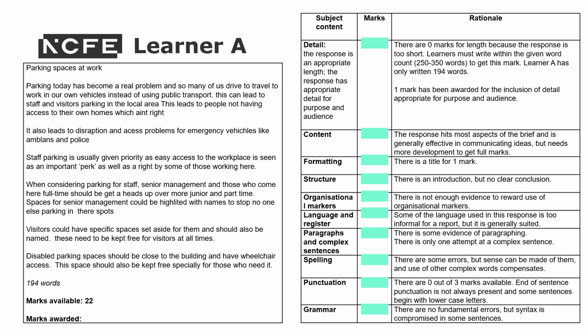So let's have a look. So you can see down the side, you've got the subject content, detail, content, formatting, structure, organisational markers, language and register, paragraphs and complex sentences, and then SPAG, spelling, punctuation and grammar. The marks available for this are out of 22.